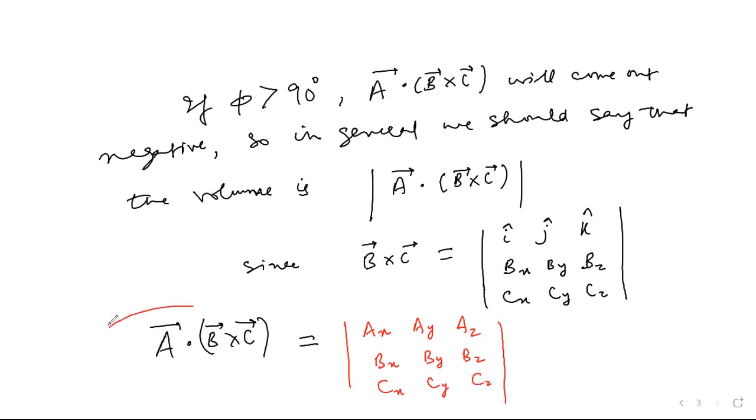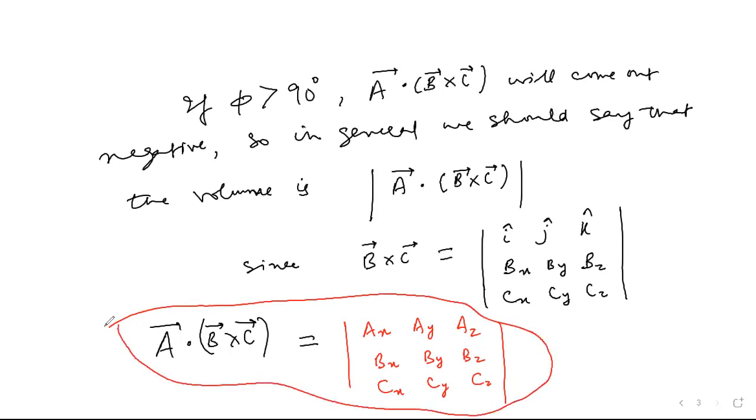So this is how we interpret geometrically the triple scalar product and how we write it in terms of a determinant. We make use of B cross C equal to the determinant of i, j, k, Bx, By, Bz, Cx, Cy, Cz. I hope you got the point.